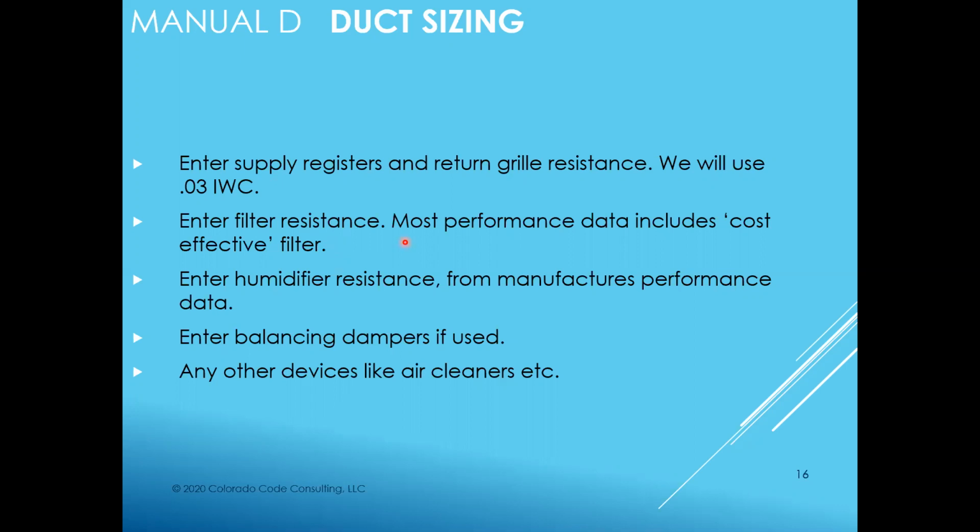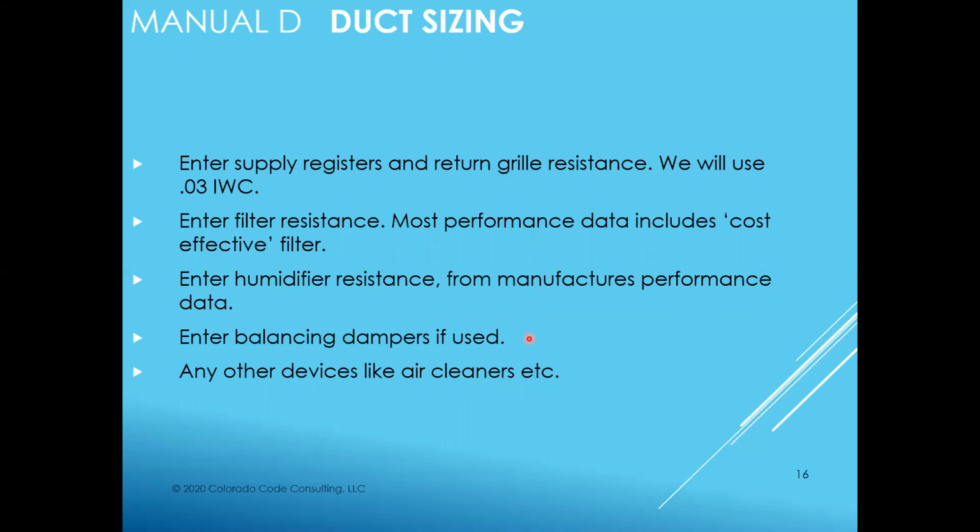A lot of the performance data, in fact the ones that we looked at last week, said that it included the filter. But the filter they're using is extraordinarily cost effective. It's the cheapest thing on the planet. If we're putting on humidifiers, anything like that, use manufacturer's performance data.